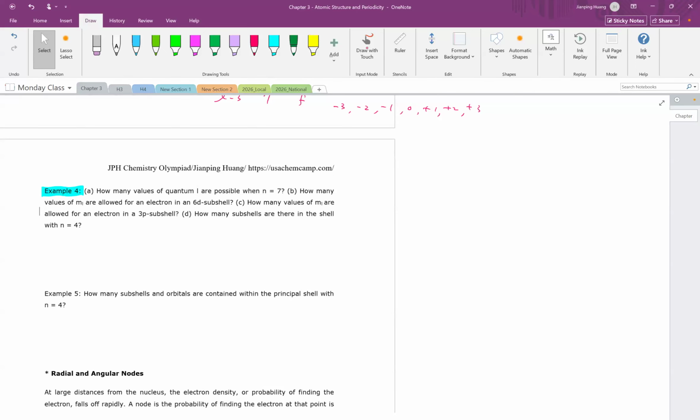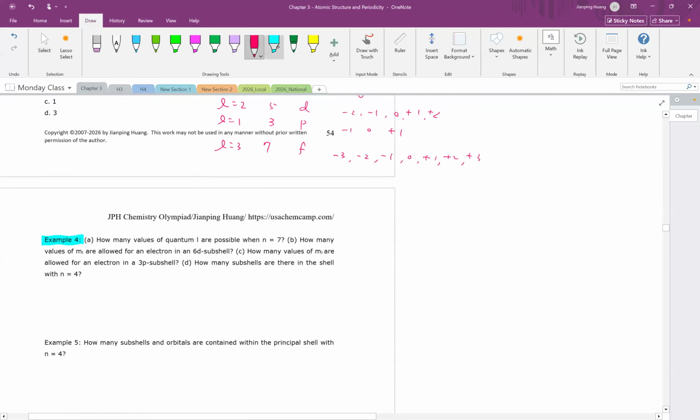Okay, let's do that. So the question said, n equals 7. How many values of L? L equals 0, 1, 2, 3, 4, 5, 6.